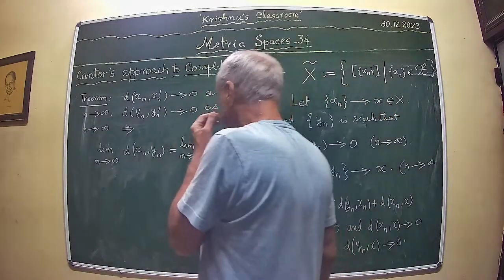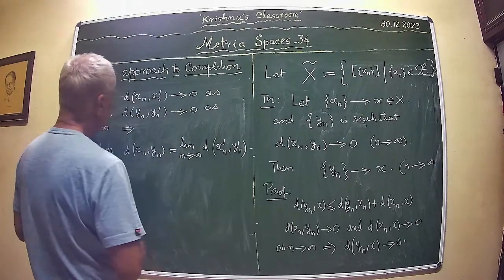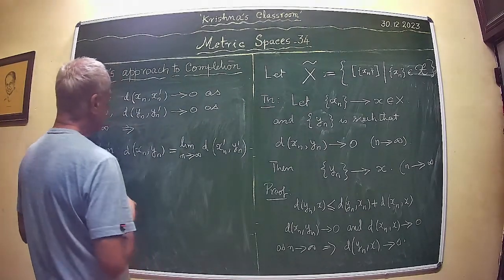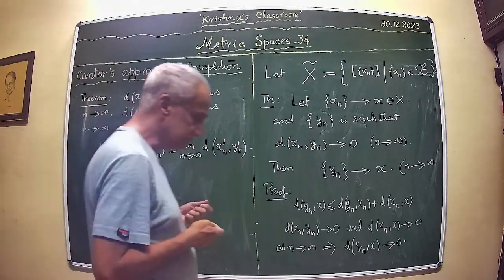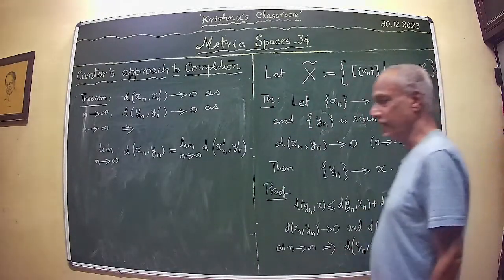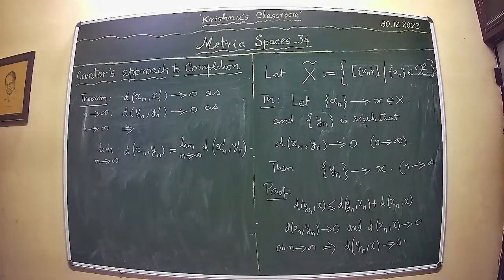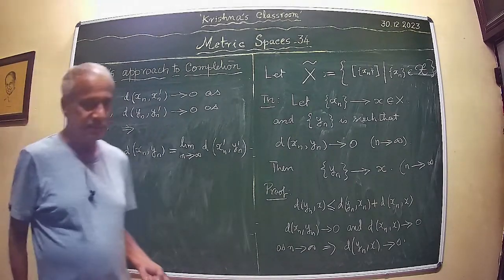Suppose x_n and x_n prime are sequences which merge eventually. So also y_n and y_n prime are sequences which merge eventually. In that case, what happens?